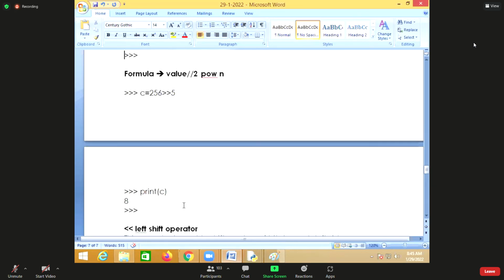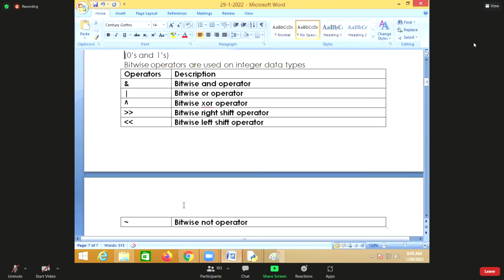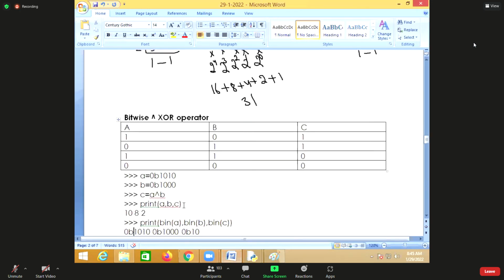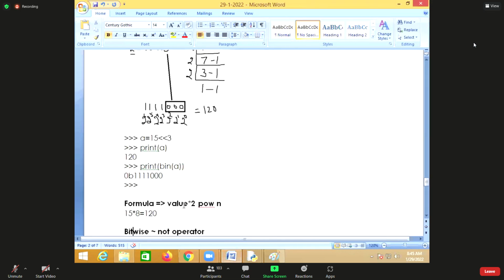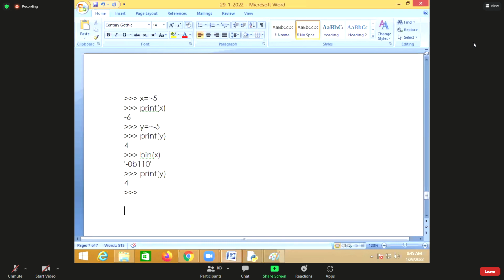So in bitwise operators, you can find how many bitwise operators? Bitwise AND operator, OR operator, exclusive OR operator, right shift operator, left shift operator, and NOT operator. Then next we'll see assignment operators or augmented assignment operators.